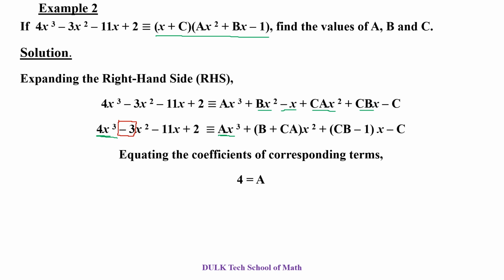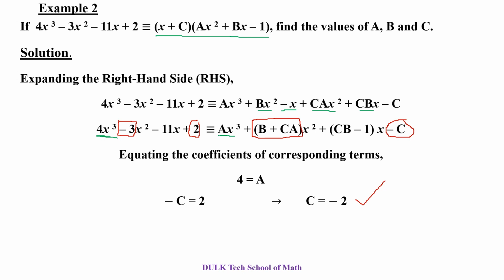The coefficient of x squared on the right hand side is the whole of this, which is b plus ca. This will help us formulate an equation, but it's not easy. For the time being, we don't have the value of b or the value of c, so we are going to equate the constants. We have minus c here, which corresponds to the constant on the left hand side, which is 2. So minus c is equal to 2, hence c is equal to minus 2.